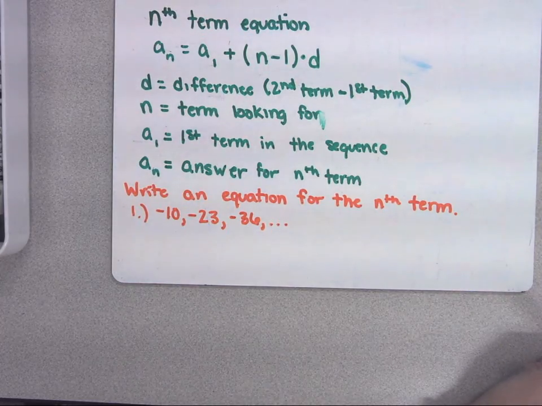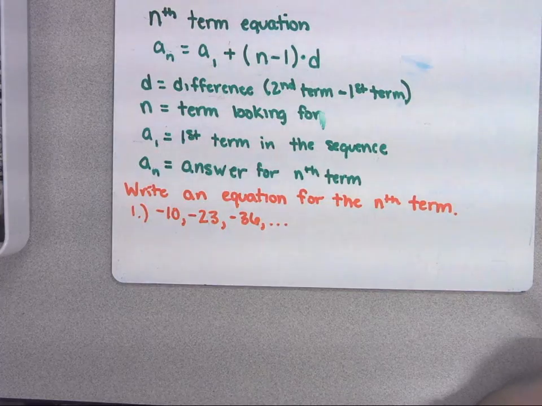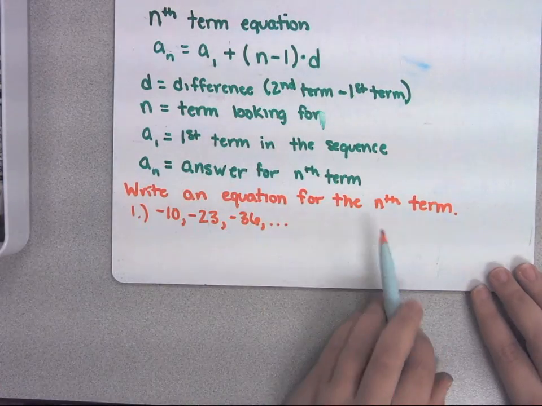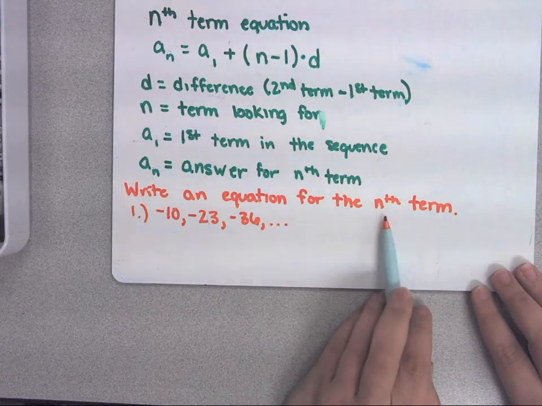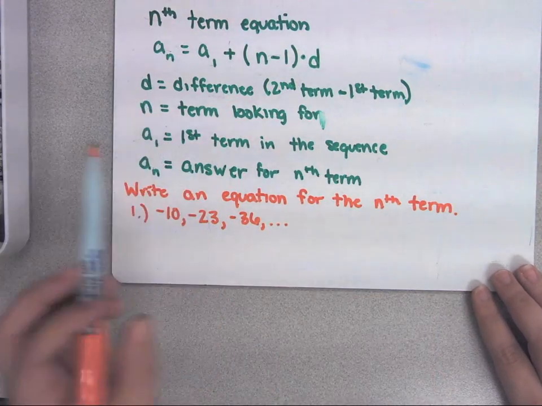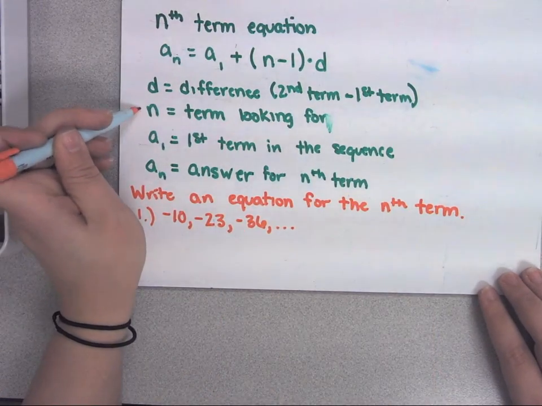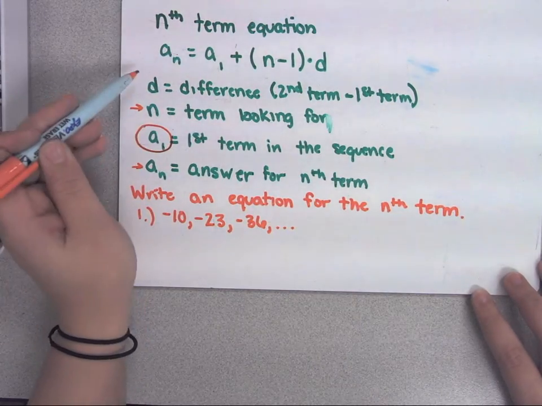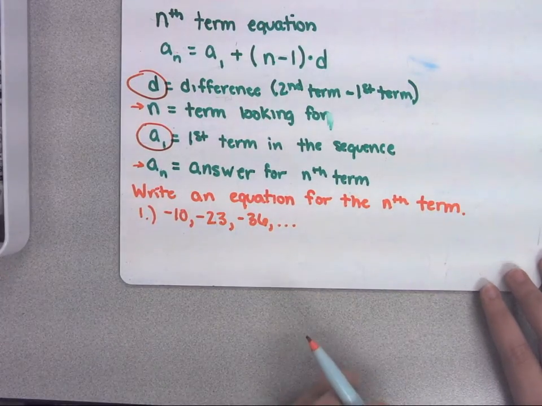So that's our sequence. It says we want to write an equation. So we want to plug all the numbers in we can. Nth term means we leave anything that has n in it, which would be that guy and that guy. We're going to leave them alone. We need to have numbers for those.